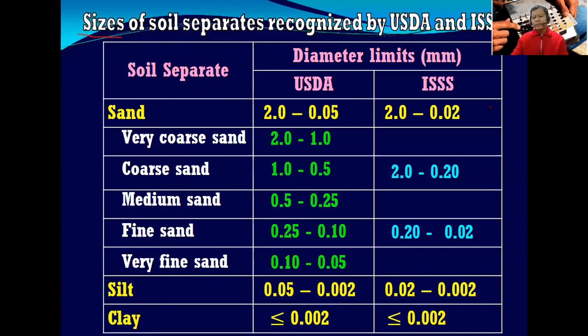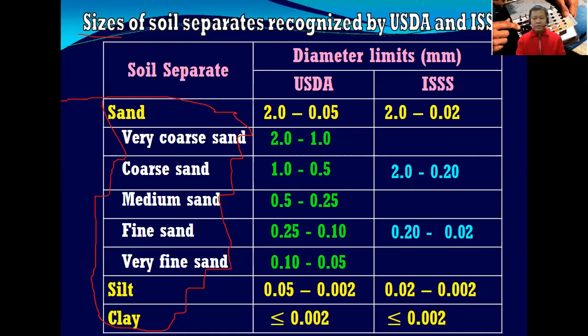Okay, now I want you to memorize the gradation or the scale of different sizes of soil separates, as to which is larger and which is smaller compared to the other, because the particle size has an implication in terms of fertilizer application, in terms of pesticide application.